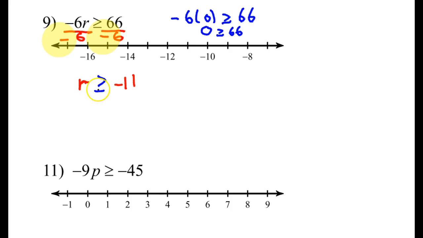And if you plug in anything bigger than negative 11 into our original question and try to do a check, it always comes out opposite. It comes out wrong. There's something weird that happens when you're dividing by a negative. So we have this phenomenon that when you divide by a negative, it turns out all the opposite answers are correct. So what you need to do, if you divide by a negative, is actually flip the sign.